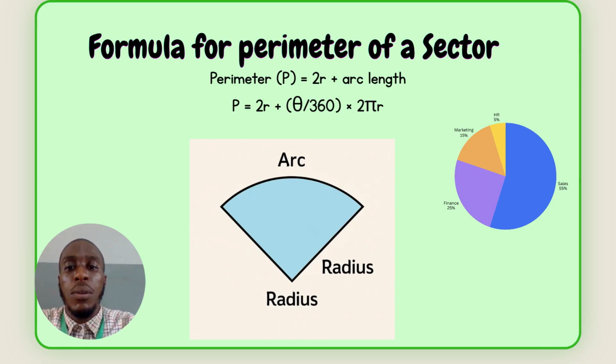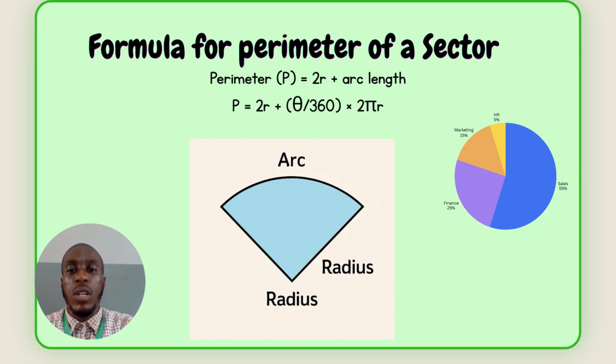So when you add twice the radius plus theta, which is the angle, divided by 360 times 2 times pi times r, that successfully gives you the perimeter of a sector. You see that?